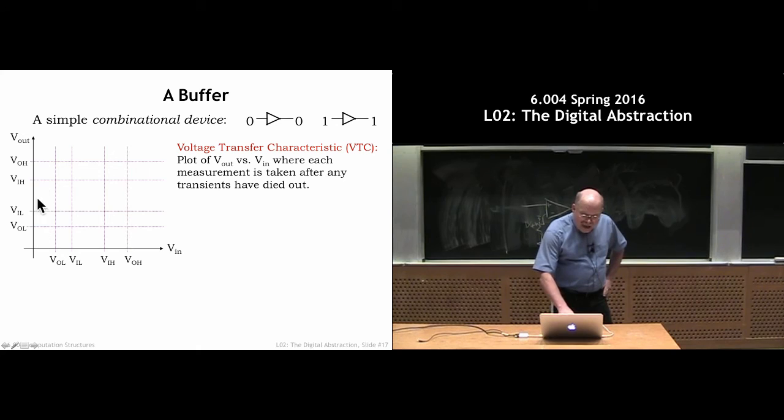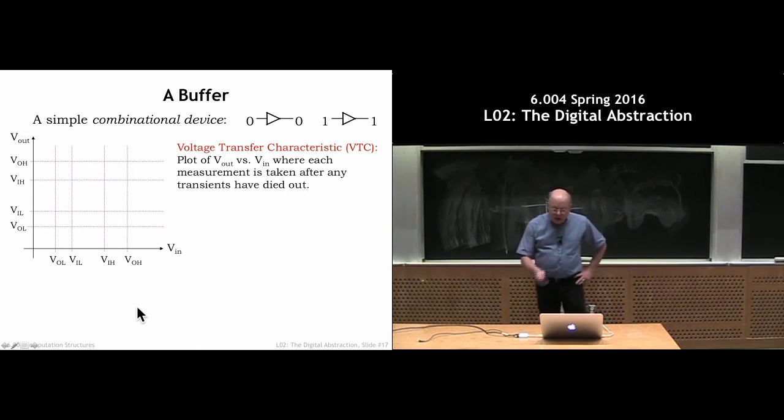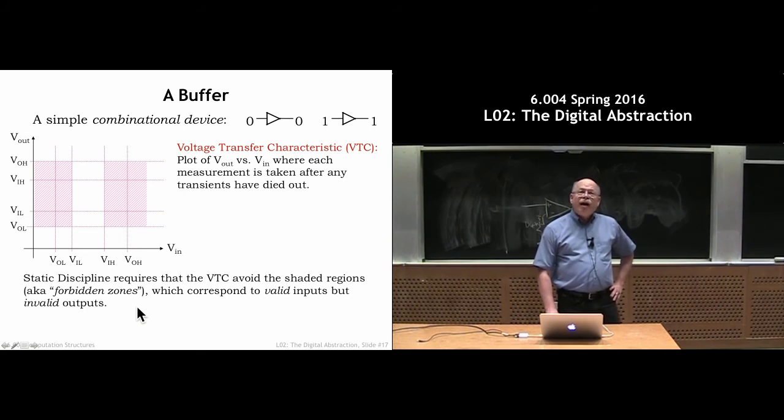On both of the V in and V out axes, I put the thresholds just to give us something to look at. Now we're getting to the interesting part. I claim that no combinational device will have a point that falls in that shaded region.